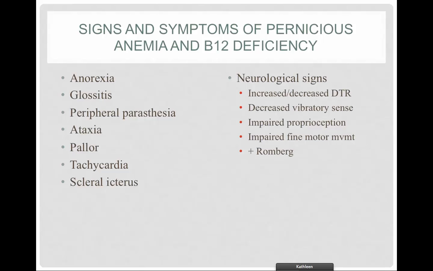So peripheral neuropathy has a classic stocking-glove pattern, okay? It extends up to the knees and up to the wrists. So that's really important to understand with pernicious anemia. For neurologic signs, you have increased or decreased deep tendon reflexes, decreased vibratory sense in the lower extremities, and impaired proprioception, which is the sense of relative position of neighboring parts of the body.